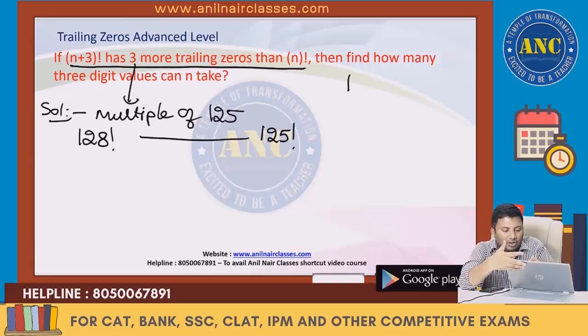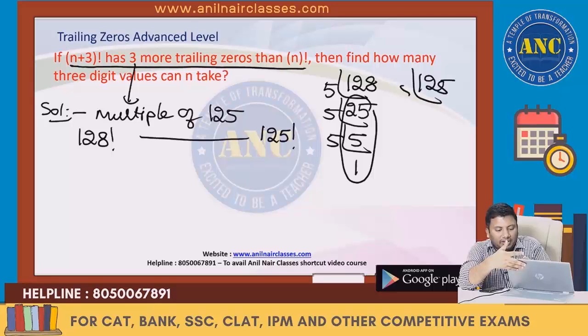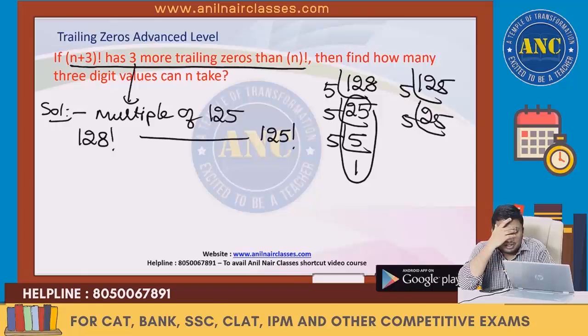Let us check with the lowest value whether it is satisfying. This is nothing but 5 25s are, 5 5s are and 5 1s are. This is 31. 125 will be 5 25s are 5, 125.